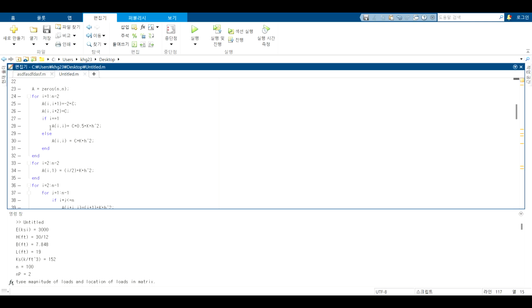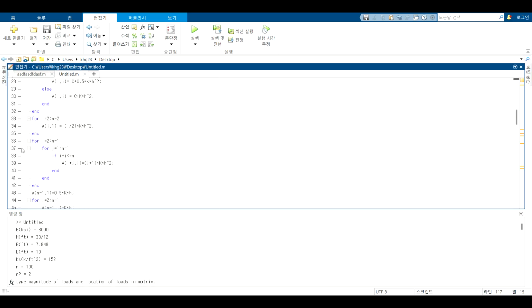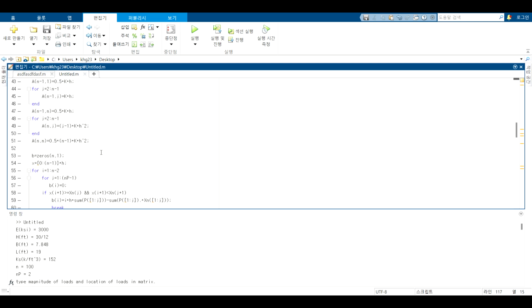So you can see this A part uses for loops very essentially. The upper and lower triangular positions of A, as well as specific entries based on boundary conditions, are all constructed using nested for loops. Next comes the construction of the right-hand side vector B.